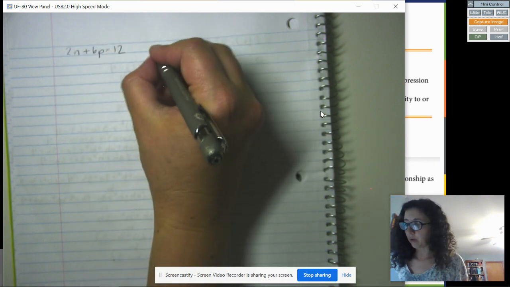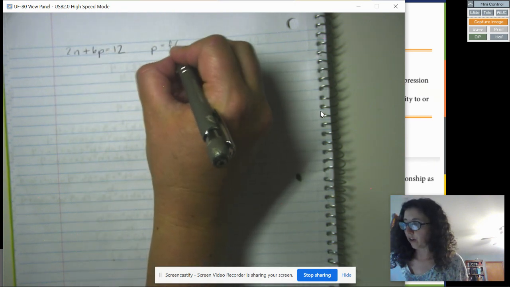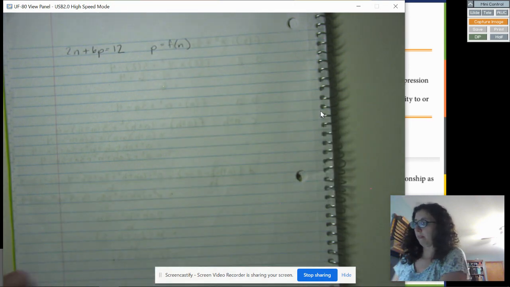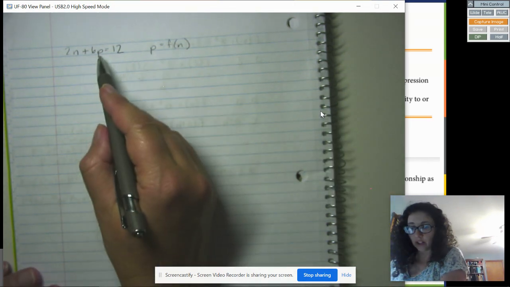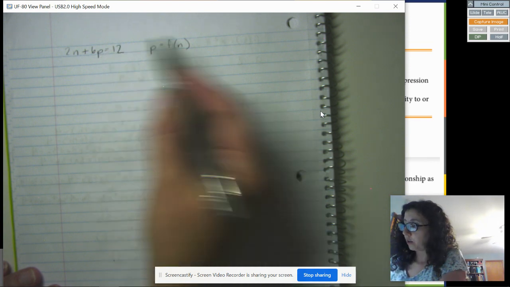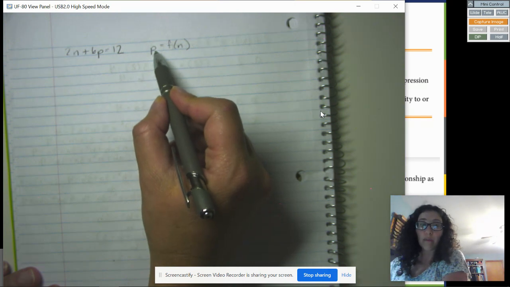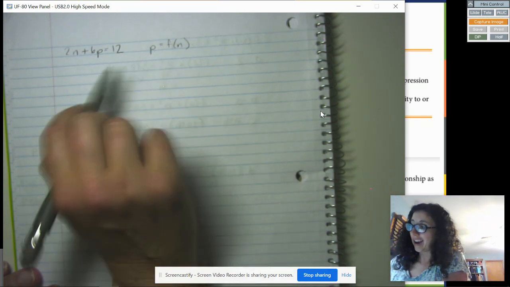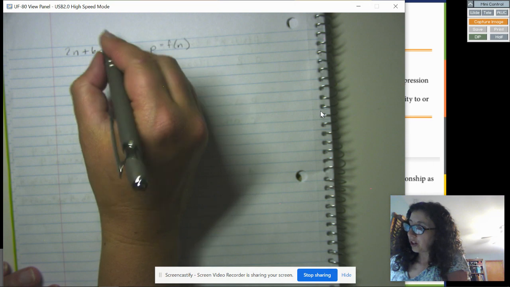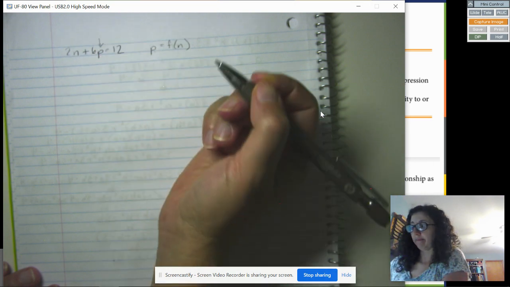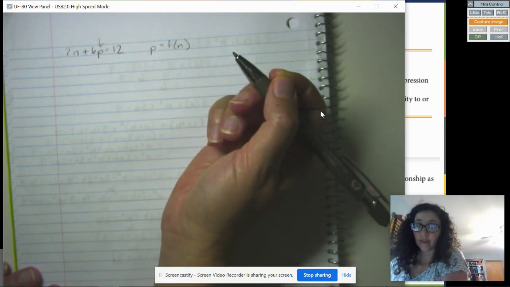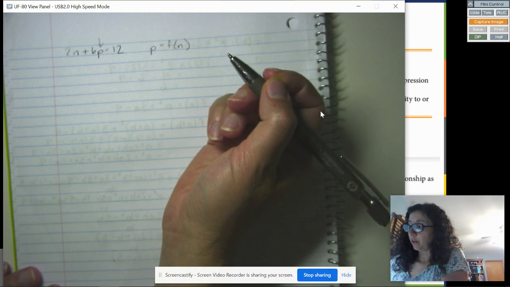And we want to write it as a function of n. So first step, we want to put the output variable on one side. What's our output variable here? p. We want our output variable on one side and everything else on the other. So we're going to try to isolate p. That's our goal.